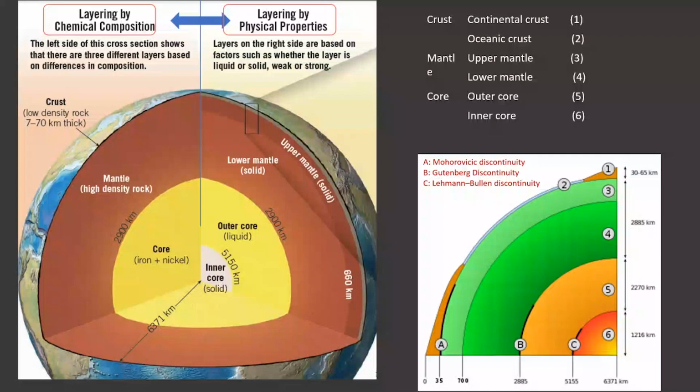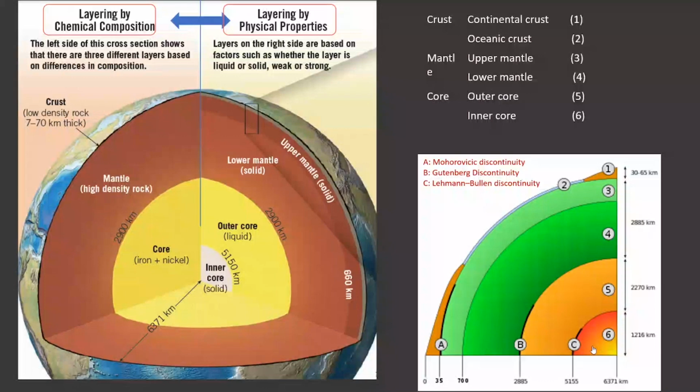And further down below, the discontinuity which separates the outer core and the inner core is called a Lehmann-Bullen discontinuity, which is at around a depth of 5100, nearly 5155 is written here, that much depth below the surface. Correct? So this is the internal structure of our earth. A simple 3-layer model, but we are not going into any further details.